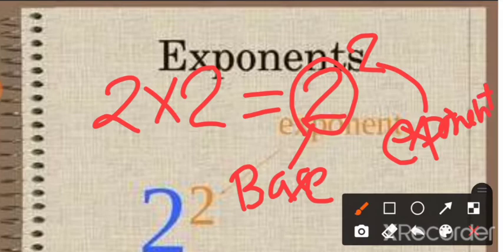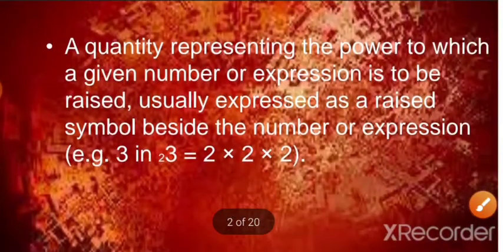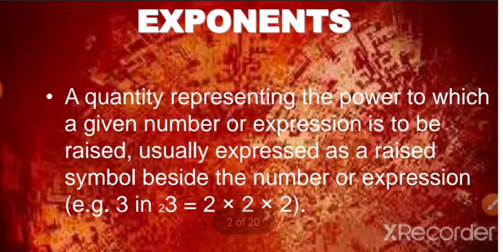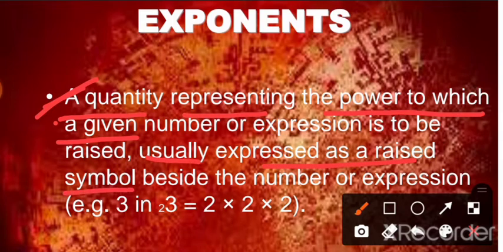Now the exponent is clear. In the next slide I will discuss the next point, the definition of exponent. Exponent is a quantity representing the power to which a given number or expression is to be raised, usually expressed as a raised symbol beside the number or expression.